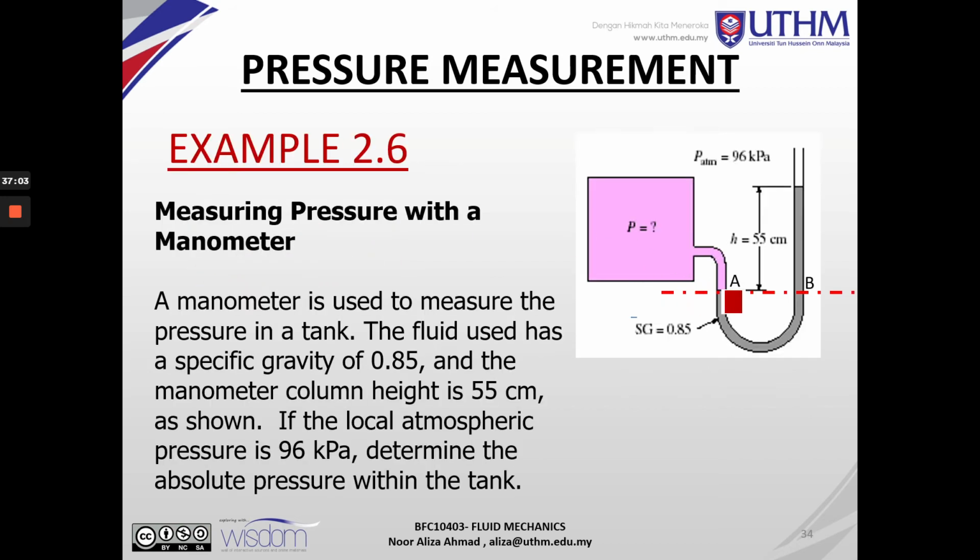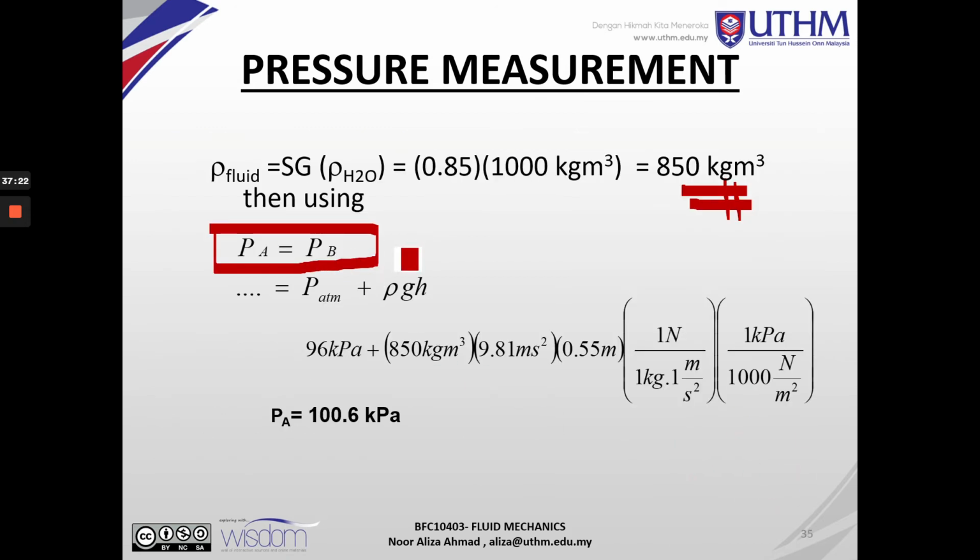Okay, so you use PA is equal to PB here. Using Pascal's law, you take this point as point A and this as point B. So PA is equal to PB.